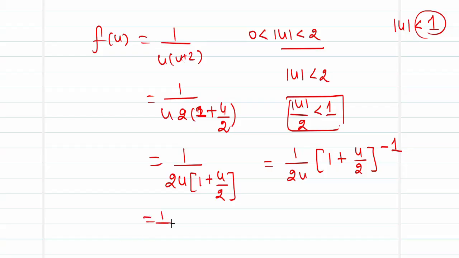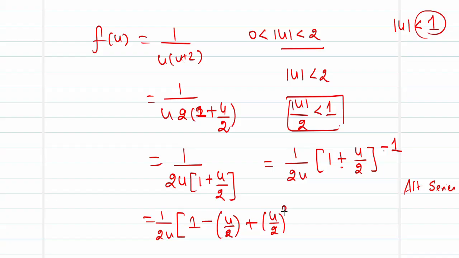Now we can have the series expression with one positive and the other negative term, which means we need to have alternately positive and negative terms generated. So it is 1 minus u divided by 2 power 1, plus u divided by 2 to the power of 2, minus u divided by 2 to the power of 3, and so on the series moves.